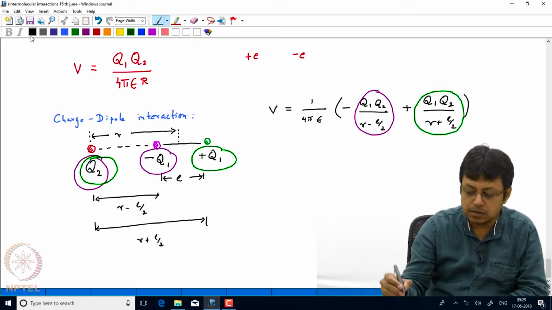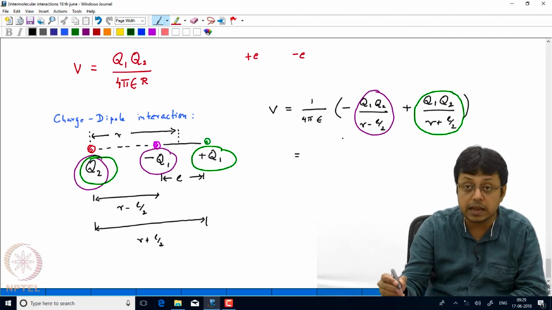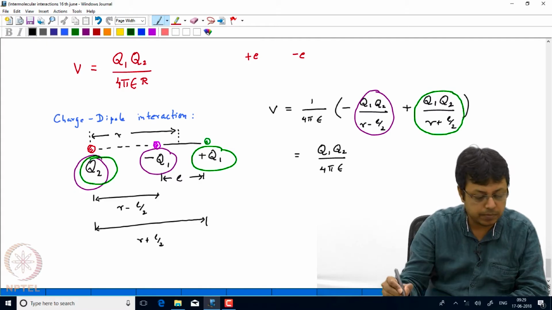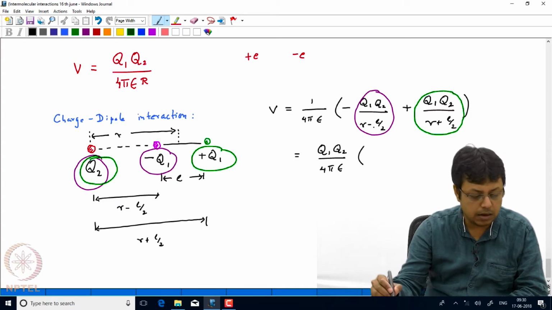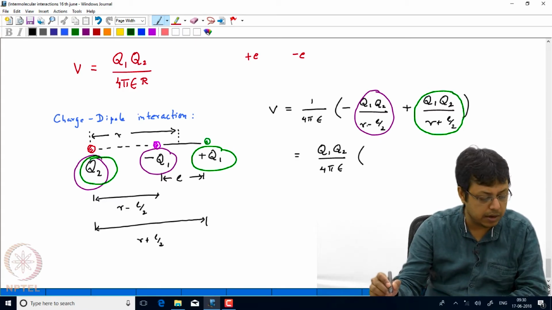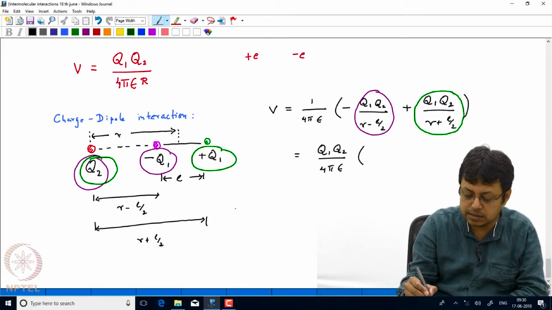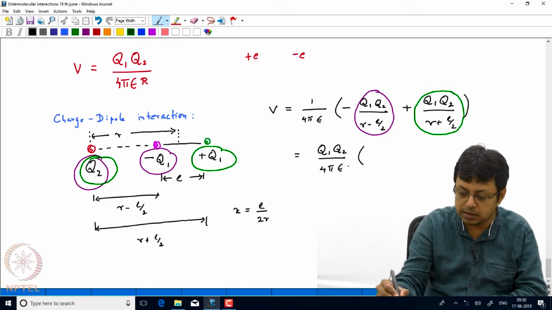actually summarize it. So, as you can see, we can actually write it cleverly. So, I can take Q1 Q2 common. If I do that, I will write Q1 Q2 by 4 pi epsilon times, as you can see here, r minus L by 2, and then if I just make a substitution, let us say x equal to L by 2r, then we can actually take the r common also here.